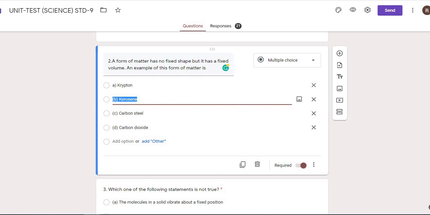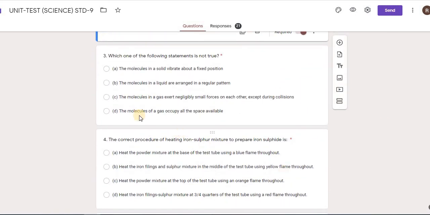Now the next question, question number 3. Which one of the following statements is not true? We have to find out which of the following statements given below is not true. The first statement, the molecules in a solid vibrate about a fixed position.